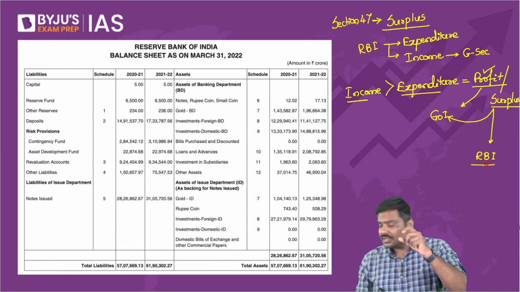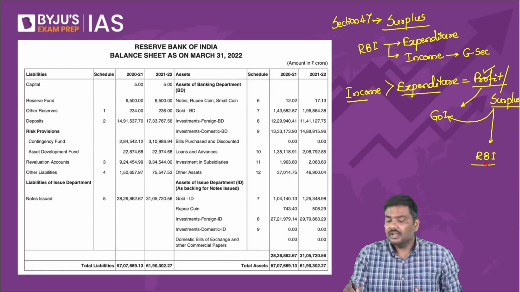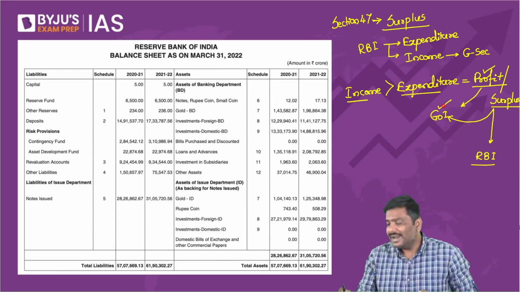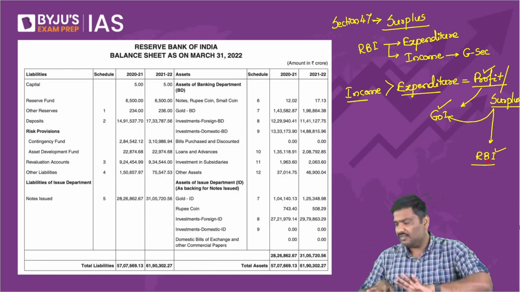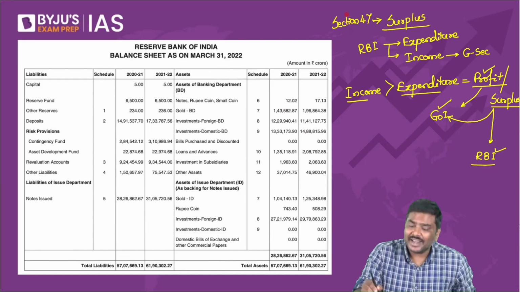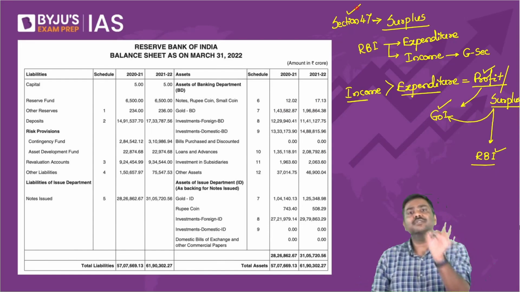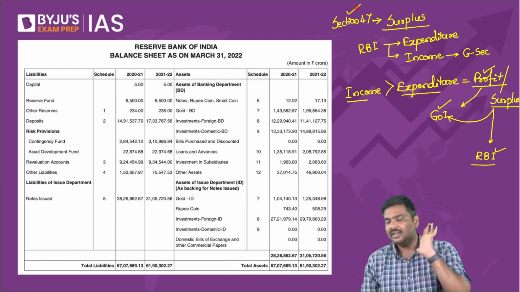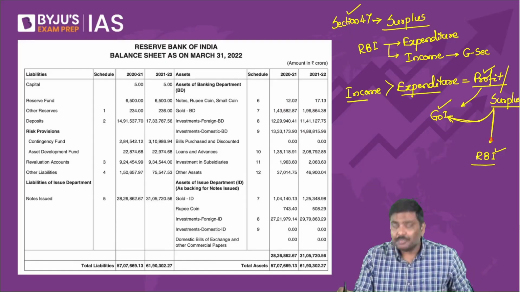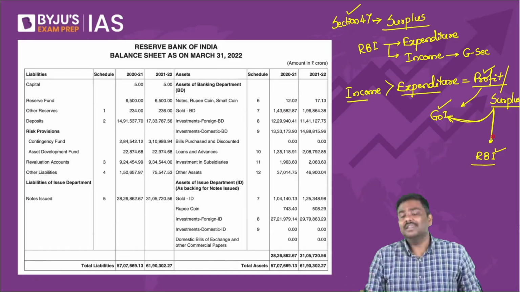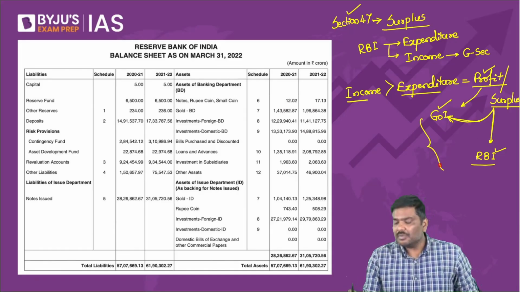Any problem with this argument? I'll repeat it again. Part of the surplus earned by RBI will go to Government of India, and the remaining part of it, RBI will keep with itself. This is dictated under the concept of Section 47 of the RBI Act. And how much will go to Government of India? How much will RBI keep with itself?